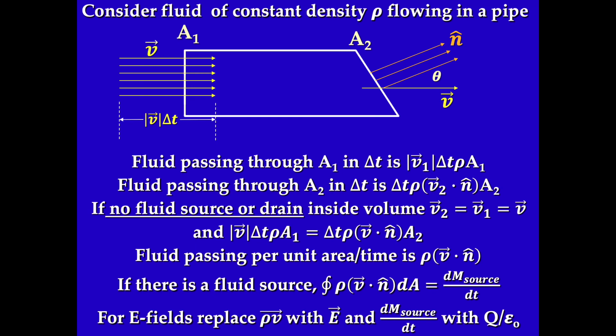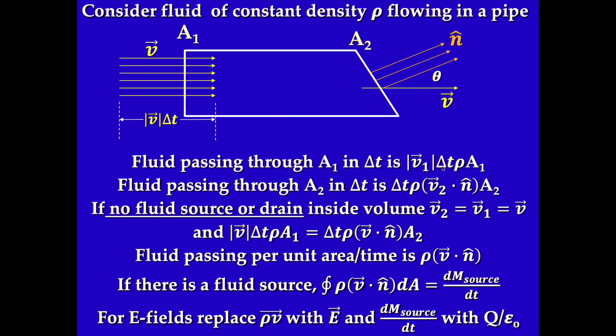If I want to figure out how much water passes through A1, I have to know the density of the fluid and the volume of the fluid that passes through. Well, the volume of the fluid that passes through is the area A1 times this distance. Area times distance is volume.